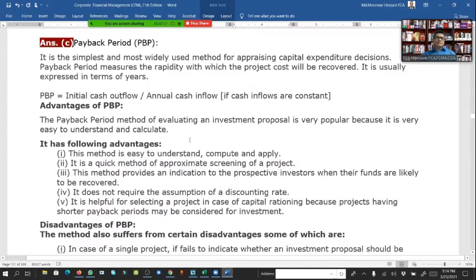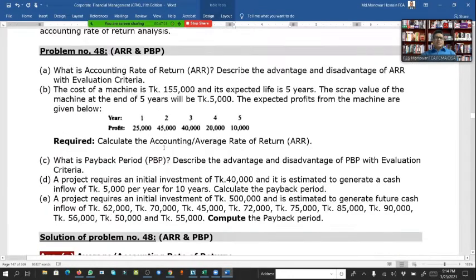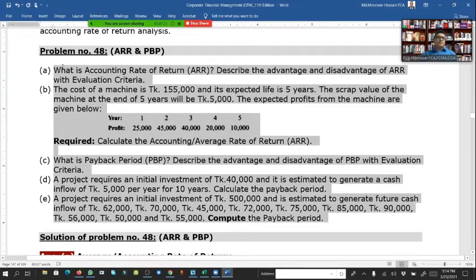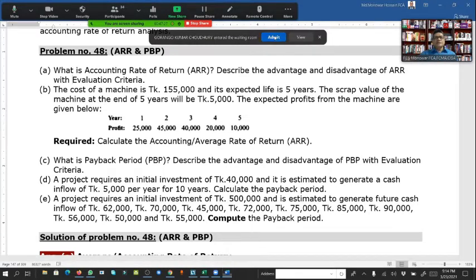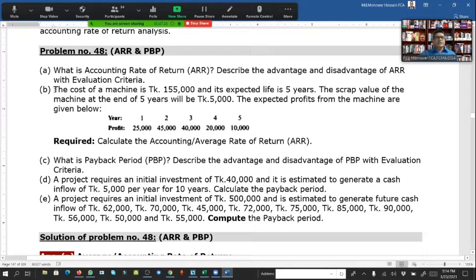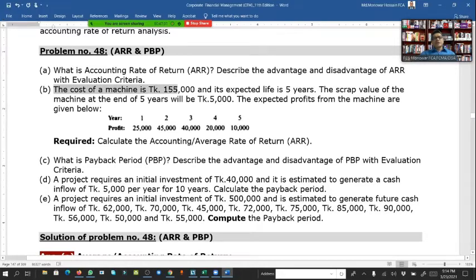So that is one math example. Here a question can come, with four or five items along with the theory. Ignoring the theory, the cost of the machine is 1,55,000 and its expected life is 5 years.